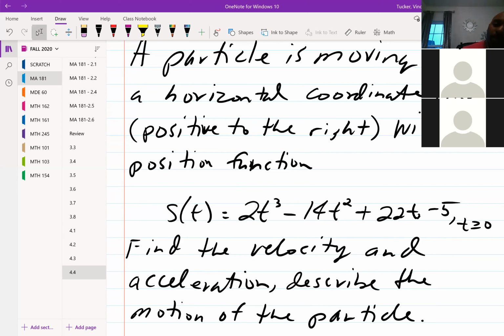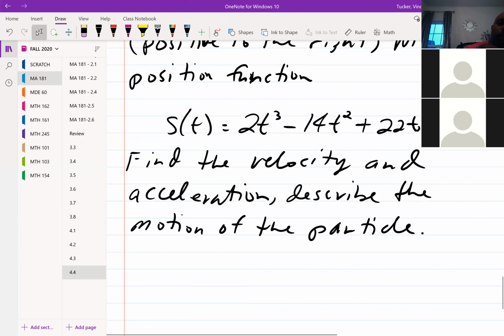All right. So let's look at moving forward. So the velocity, let me do it like this.